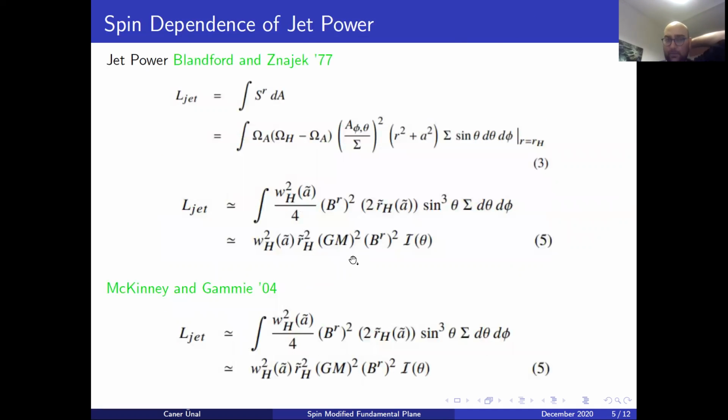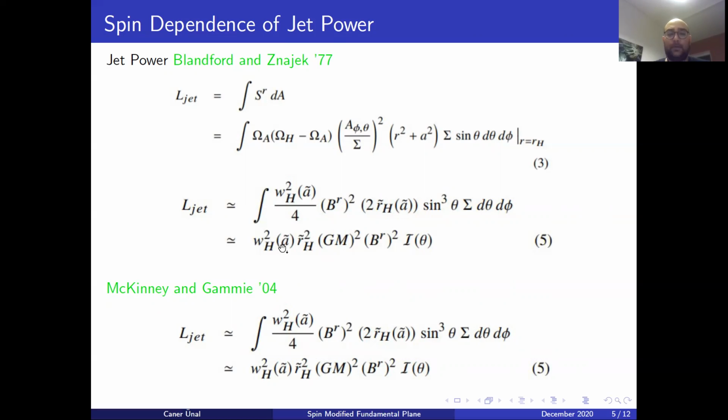When one wants to study the spin dependence of the jet power, one can start from the Blandford-Znajek formula, which basically tells that after some simplification, the jet power is proportional to B squared, the horizon size squared, and the horizon speed.